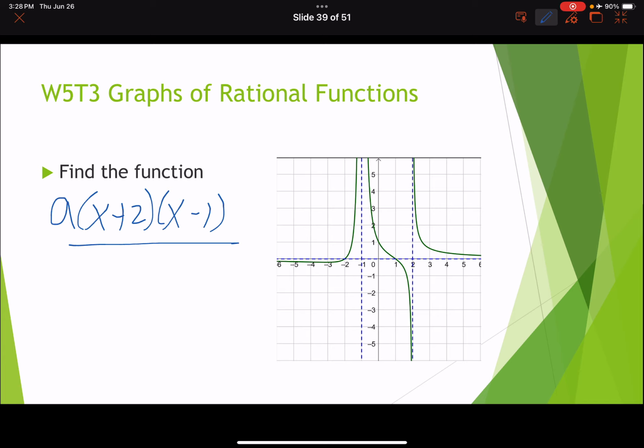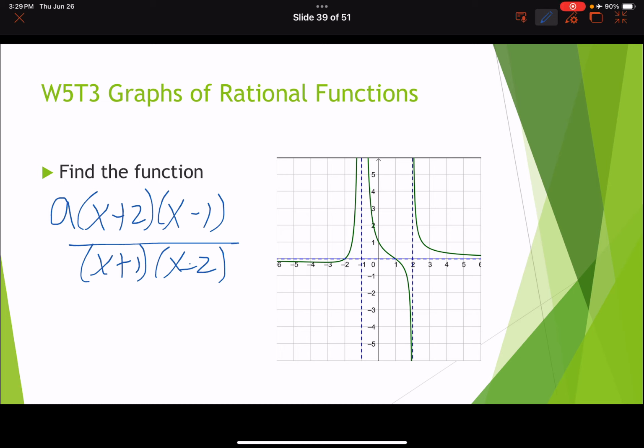Now let's use the vertical asymptotes for the denominator. We have a vertical asymptote at -1 and a vertical asymptote at +2. So that means we're going to have x plus 1 and x minus 2 in the denominator.